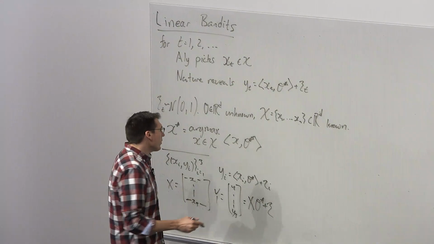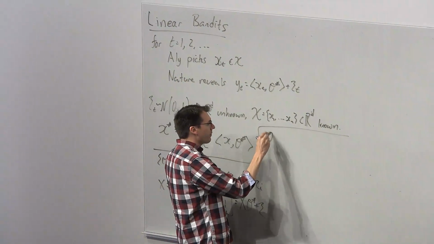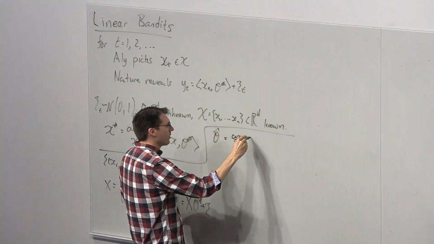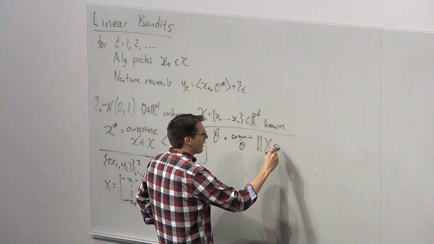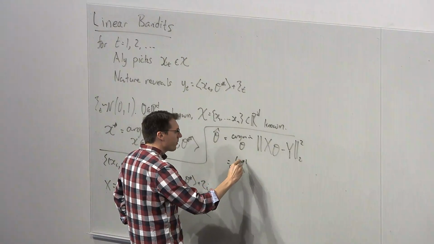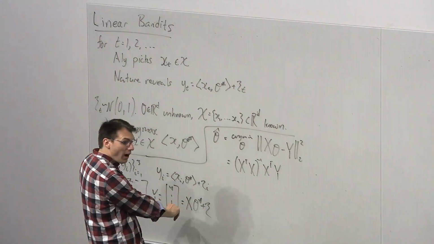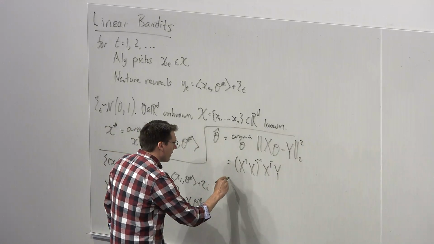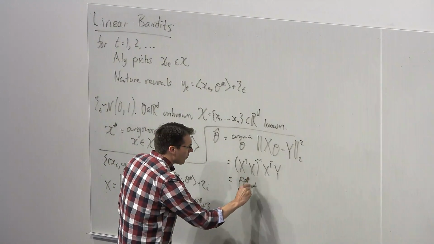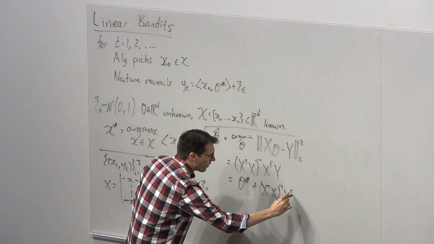Okay? And furthermore, we showed that under this model, if I compute theta hat, the least squares estimator, or the maximum likelihood estimate, that's just argmin over theta of the norm of X theta minus y, which has a solution, assuming that X transpose X is invertible, of X transpose X inverse X transpose y, which we then plug in our value of y, and we find that this is just going to be equal to theta star plus X transpose X inverse X transpose eta.